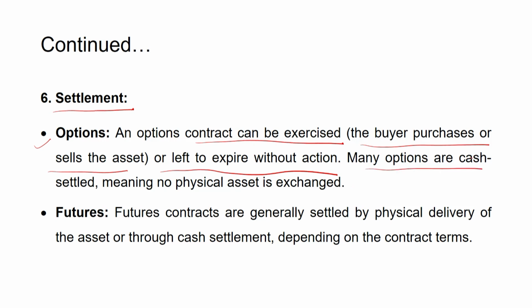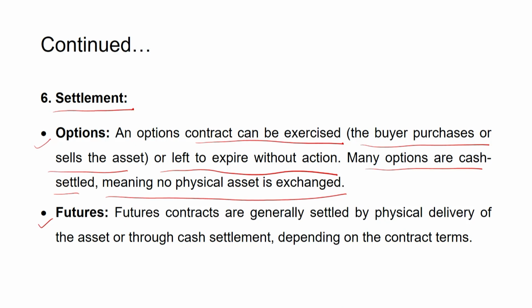So, many options are cash settled, meaning no physical asset is exchanged under the option contract due to their distinguished characteristics. Now, the next one is the future. Future contracts are basically settled by the physical delivery of the asset or through cash settlement, depending on the terms and conditions as negotiated between the different parties under the contract.